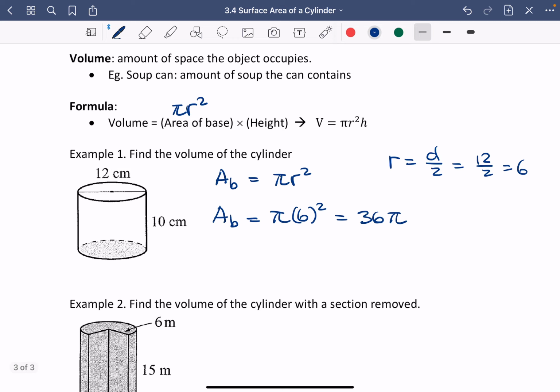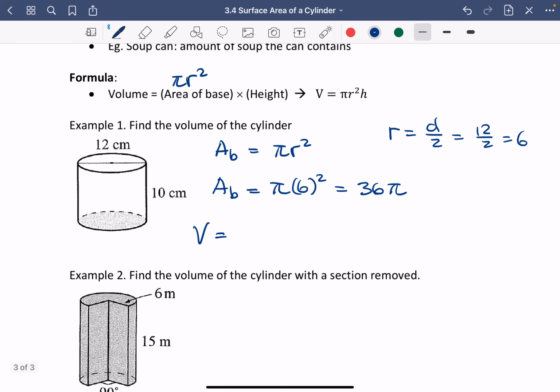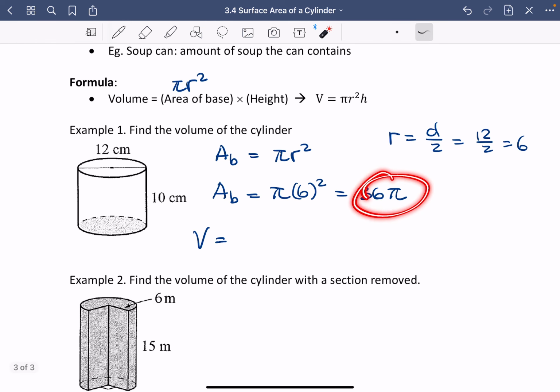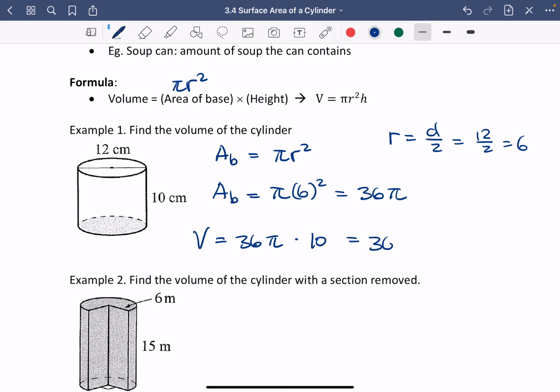Okay, and so to find the volume, area of the base times by height, and we know area of the base already, 36 pi, times by height. Height is 10 centimeters. So 36 pi times by 10 is just 360 pi.